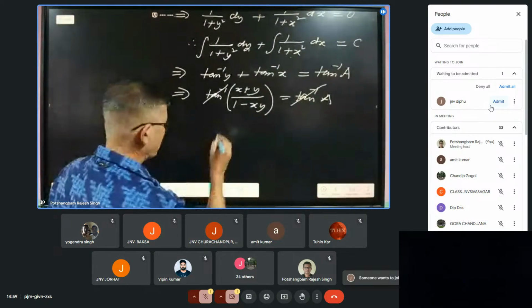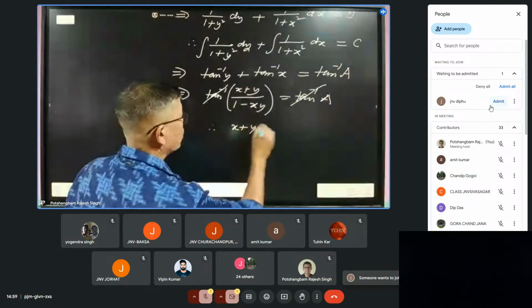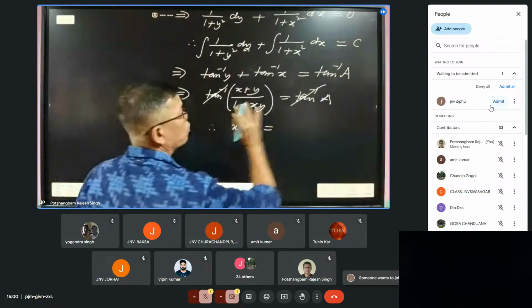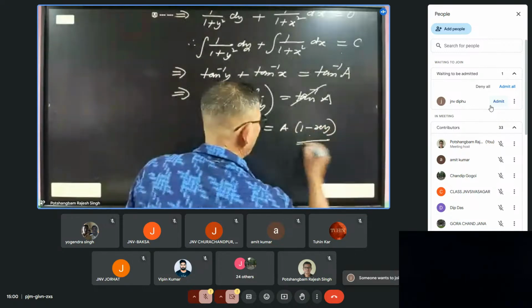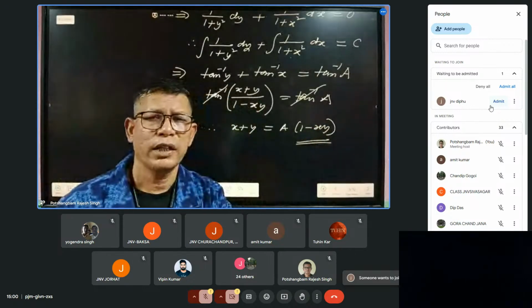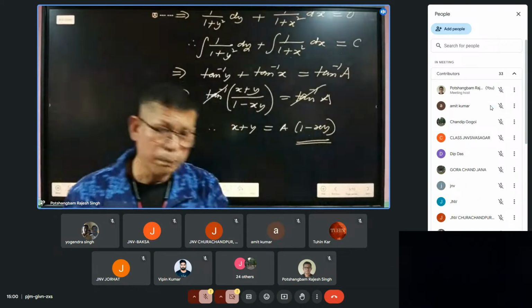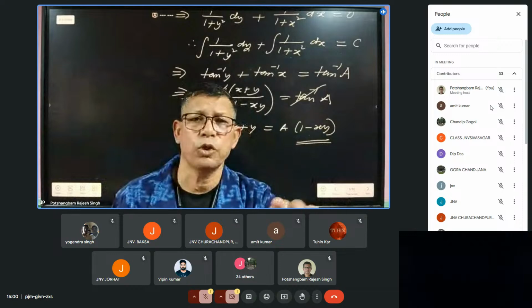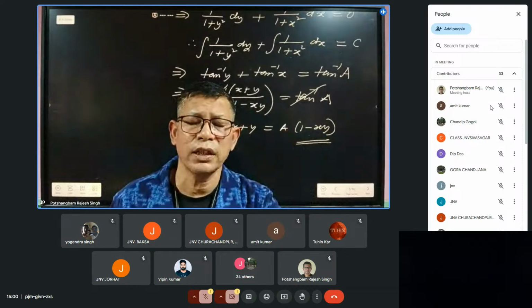So you can say that x plus y is equal to tan of a times 1 minus xy. This is the way the separation of variables can be done, and you can find the solution by this method. Once again, before ending this method of solving, I repeat that this separation of variables method is not possible every time.